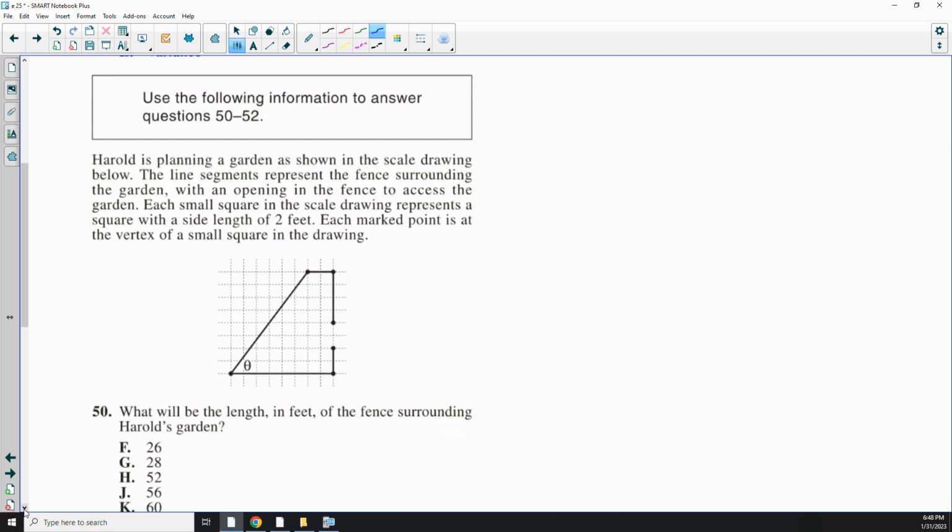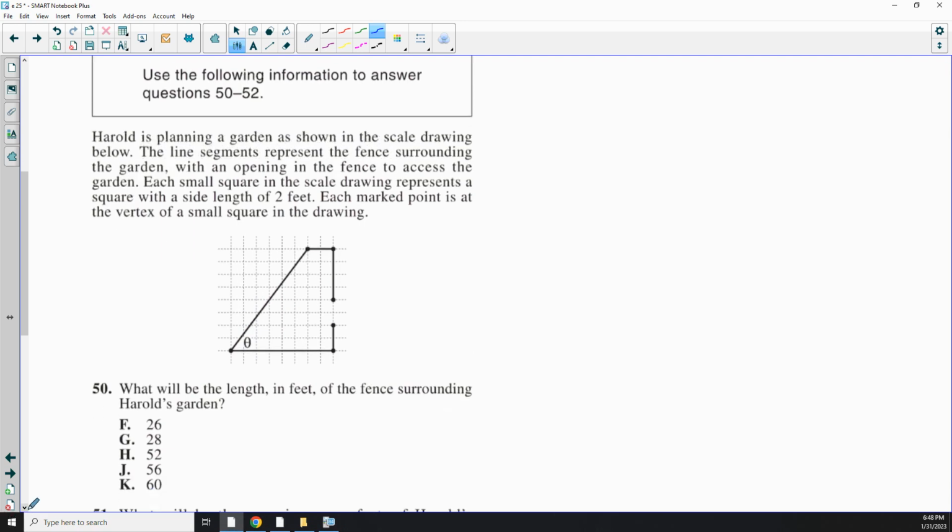This one got me. I think I missed it when I took it in real life. I think I forgot to multiply by 2, because each square is 2 feet. So we want the perimeter of the drawing: 1, 2, 3, up to 16, and then how long is this going to be? Well, you have to do the Pythagorean theorem.